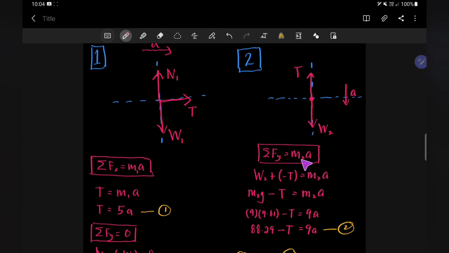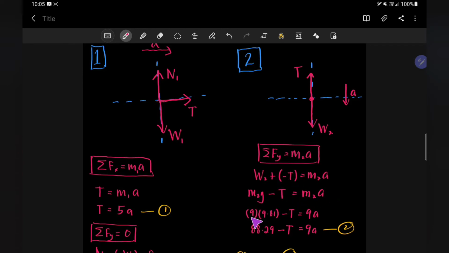Based on this, a is directed downward, so for any downward force, it becomes positive. So W2 plus negative T equals m2a. T should be negative because T is against the motion. So W2 is m2g, minus T equals m2a.